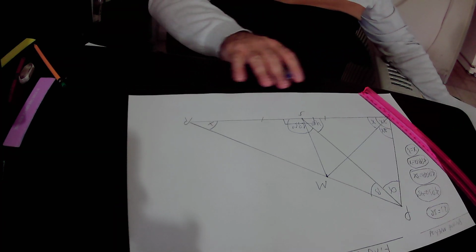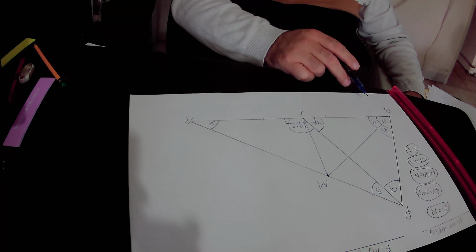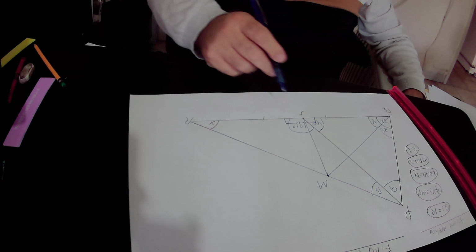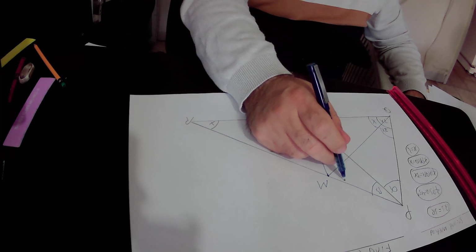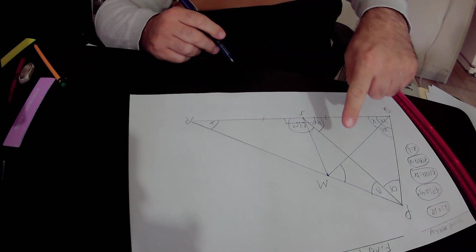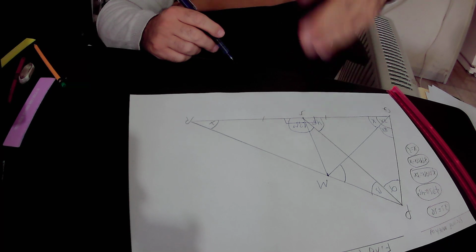if you focus on the isosceles triangle QMS, and we also focus on this angle, it is an exterior angle of the isosceles triangle QMR.